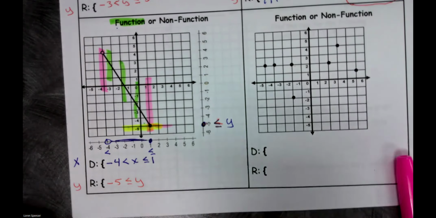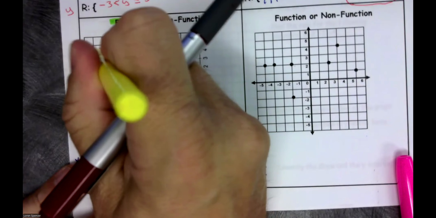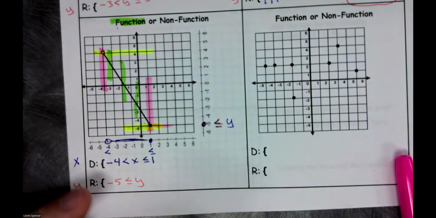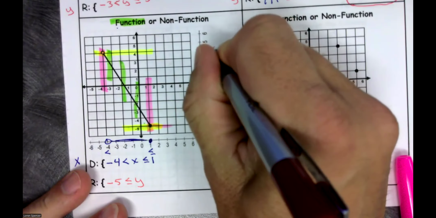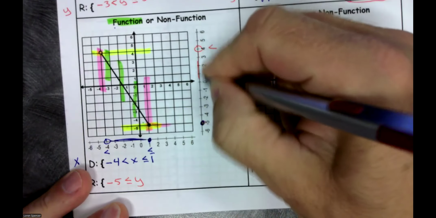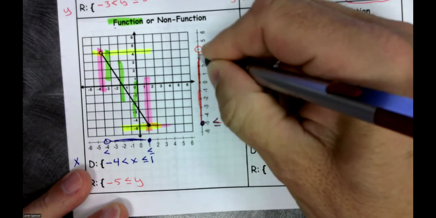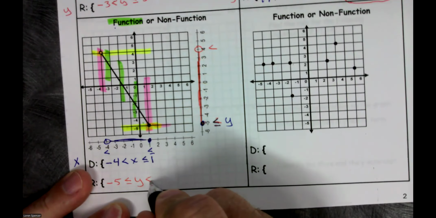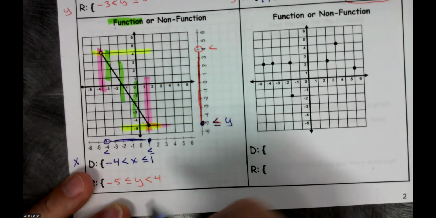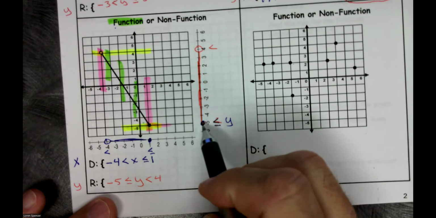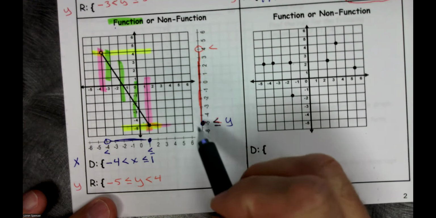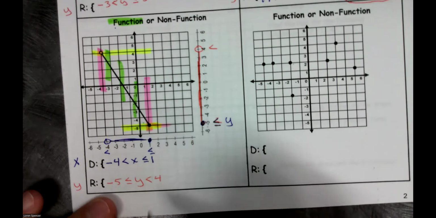And then we go up to the highest point on the graph. And the highest point on the graph is 4. But it's a hollow, and hollows get a less than symbol. So less than 4. So we're looking at the values in between. All right. So any value between -5 and 4. It does include -5. It does not include 4.